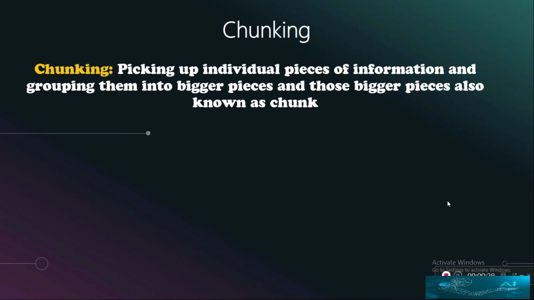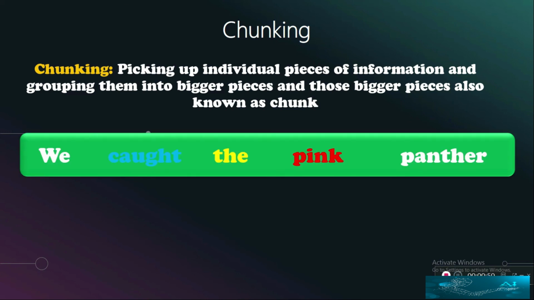These bigger pieces are also known as chunks. In the context of NLP, it means grouping of words or tokens into chunks. As you can see here, we have pink as an adjective, panther as a noun, and the as a determiner, and all of this together is chunked into a phrase. This helps in getting insights and meaningful information from the given text.